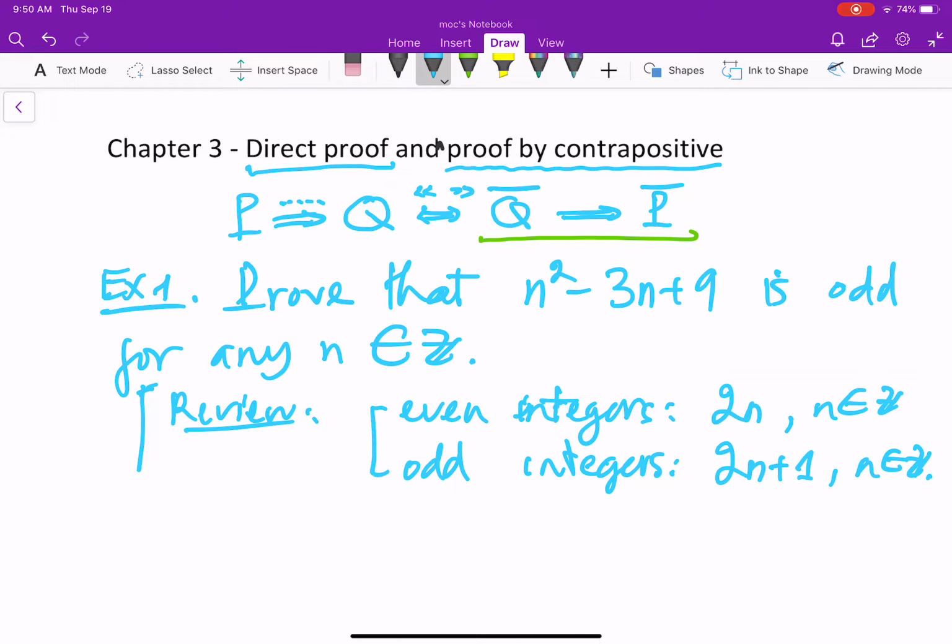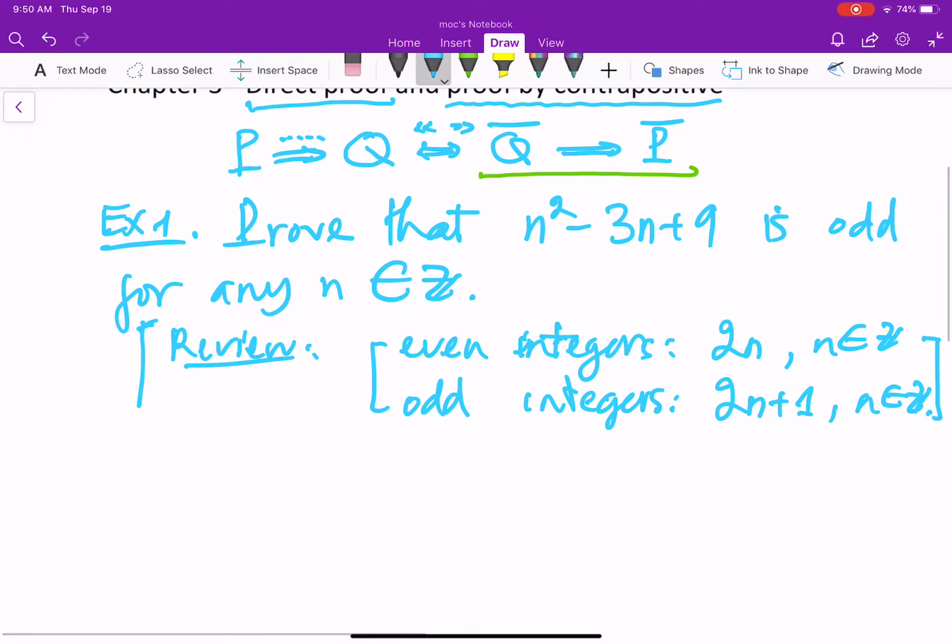So very often when we need to do some stuff with integers, we need to consider two cases: when n is odd or n is even. In this situation, we need to prove that n squared minus 3n plus 9 is odd for any n. So I would consider two cases.